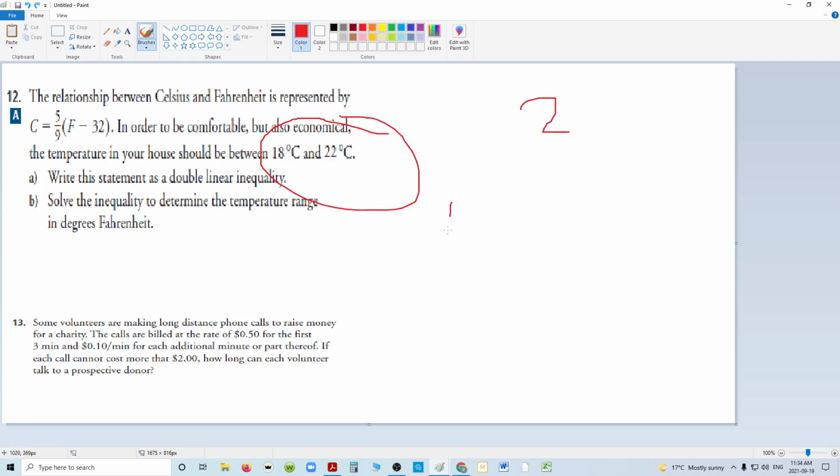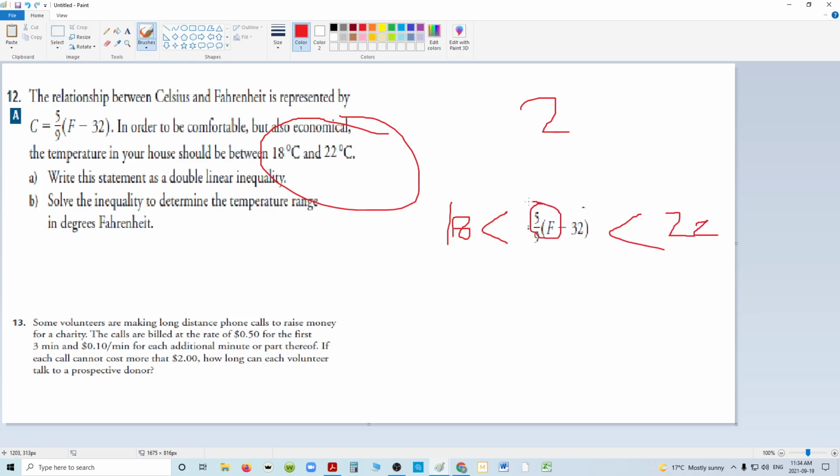Well, essentially 18 is smaller than this, and smaller than 22, working with Celsius, and then they'd want us to solve it.